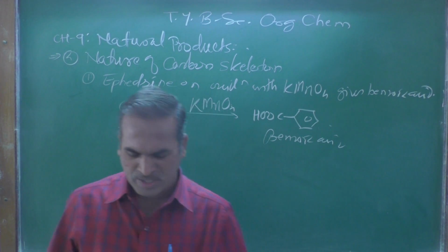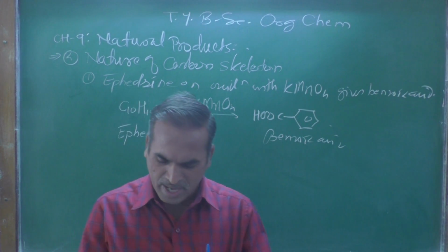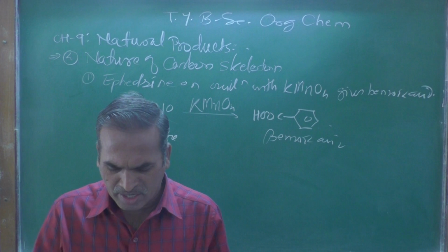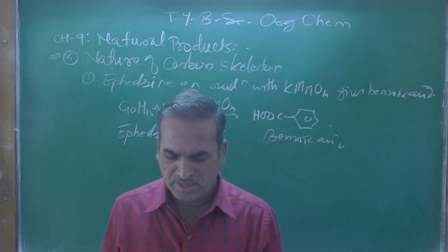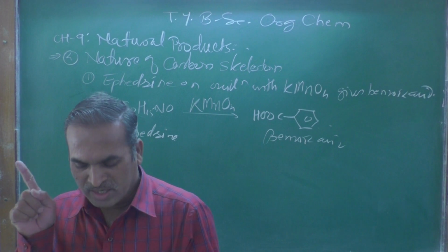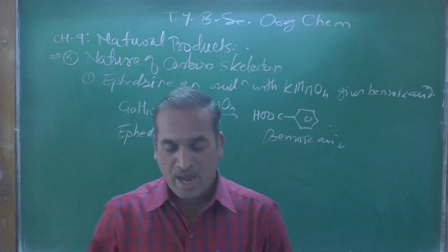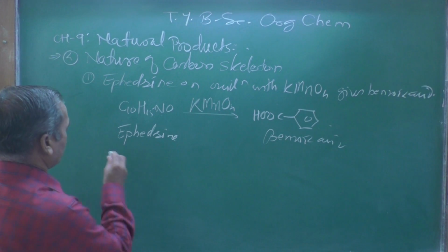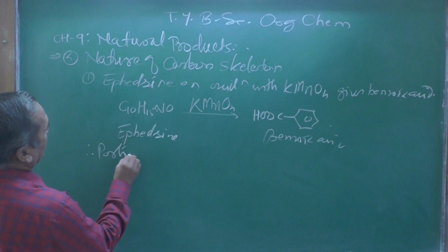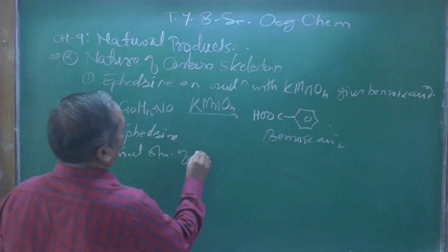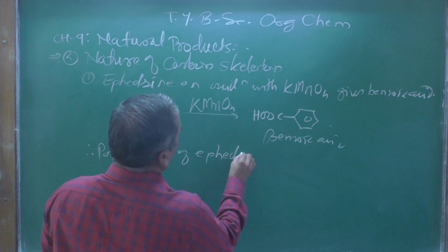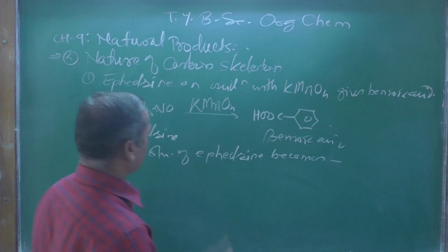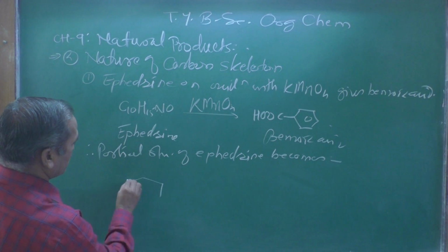And formation of benzoic acid proves that ephedrine might contain a benzene ring with a side chain containing secondary nitrogen and a secondary alcoholic OH group, and therefore the partial structure of ephedrine becomes: we know that there is a benzene ring, right?